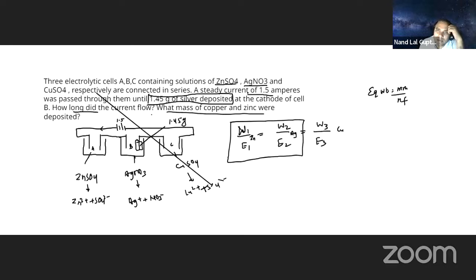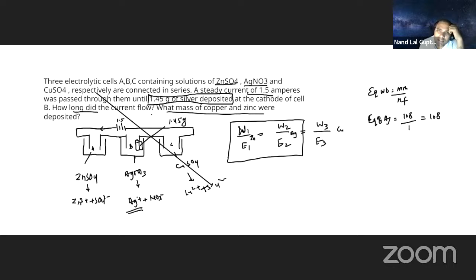So equivalent weight of Ag is molecular mass 108 upon N factor 1. Only one positive charge is there, so it is obviously 108.